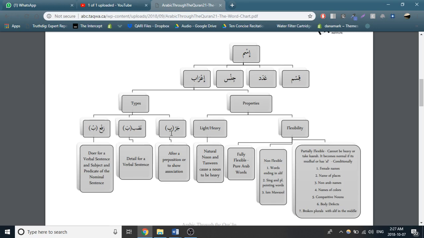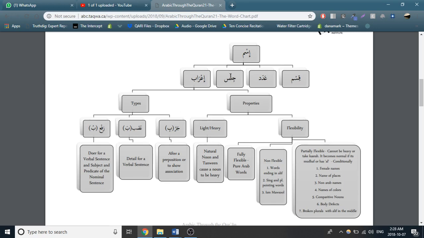The noun after a harfu jar gets put into a state of jar, or in an association where the word that is being associated to takes on a kasra, usually, and that represents a state of jar. So we had the example of kitabullahi. Kitabullahi. Kitab, book, is being associated to Allah, right?